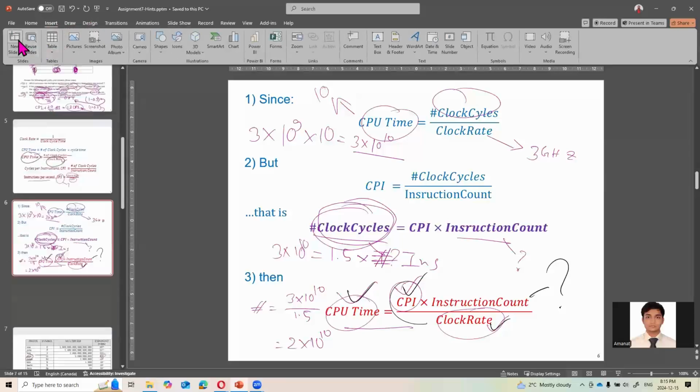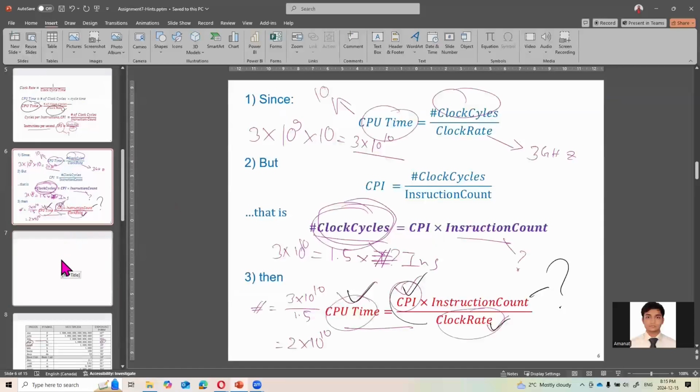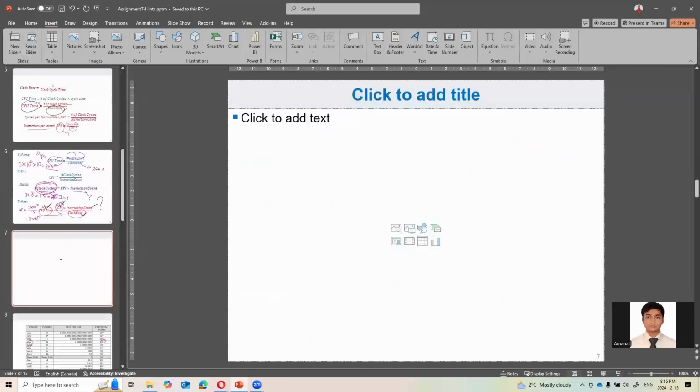Insert new slide. Okay, so the formula is CPU time equals CPI times number of instructions divided by the clock rate.